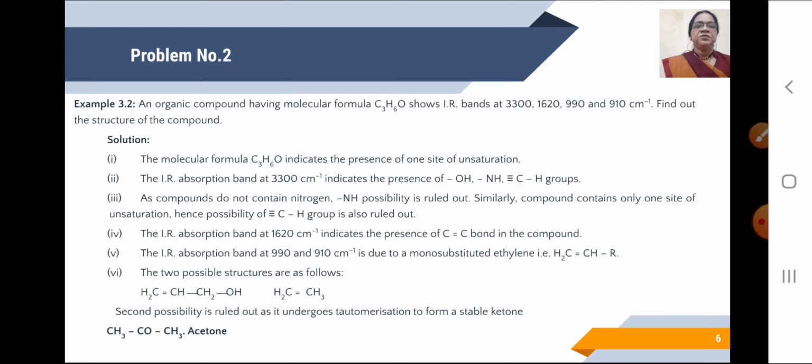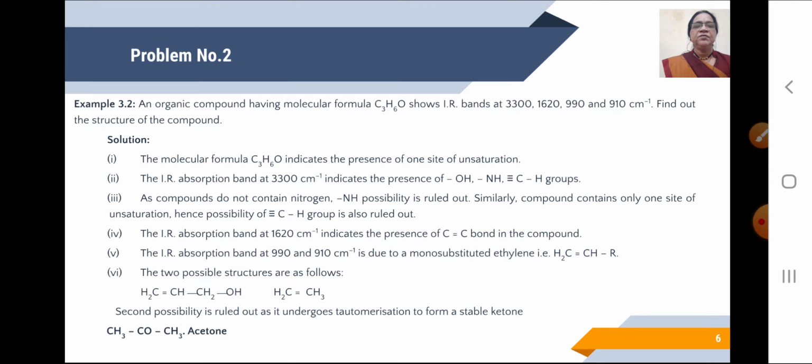Therefore, the IR absorption band at 1620 indicates the presence of C=C in the compound, and the IR absorption bands at 990 and 910 are due to the monosubstituted ethylene, that is CH2=CHR, and therefore there are two possible structures.